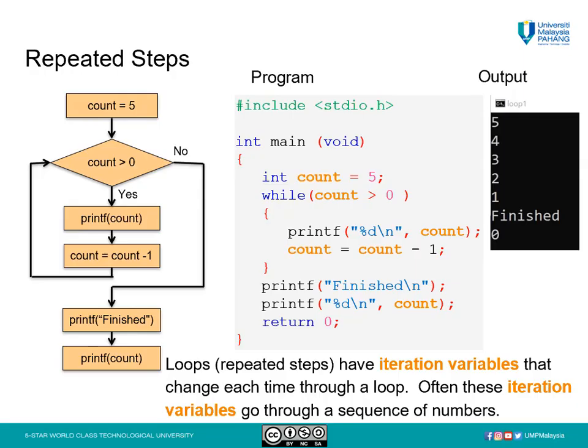When count equals 1 and then is subtracted by 1, count becomes 0, and it will go up again and recheck if count is greater than 0 or not. The answer is no, so it becomes false and it will skip this body and go straight to printf finish. Then it will print finish, and then print the value of count.